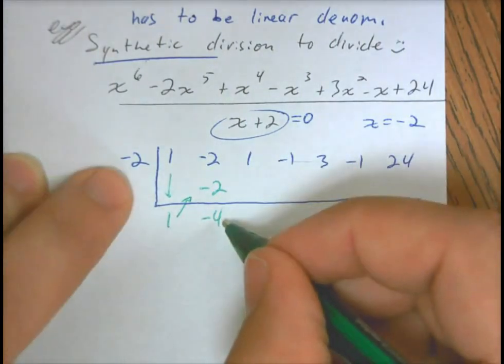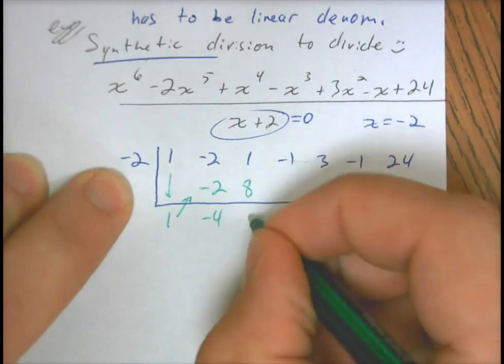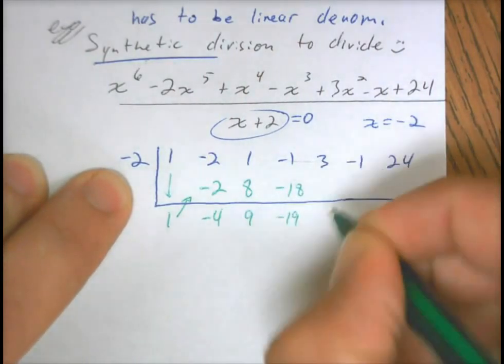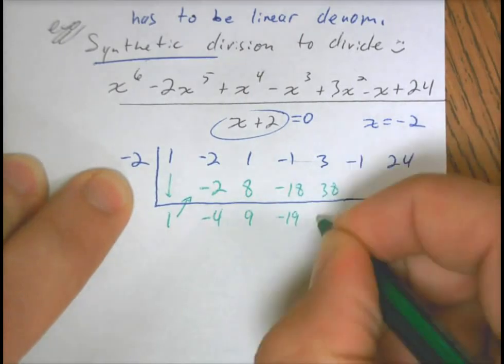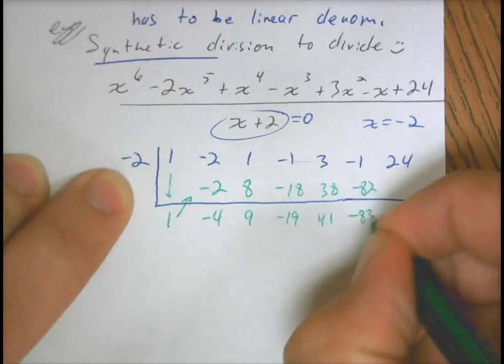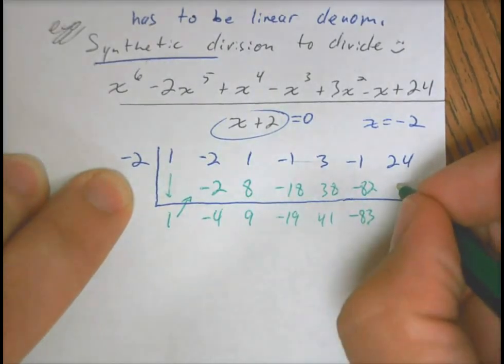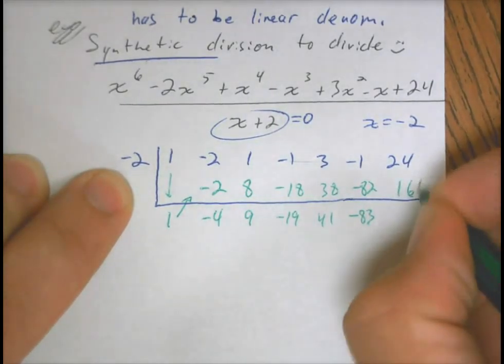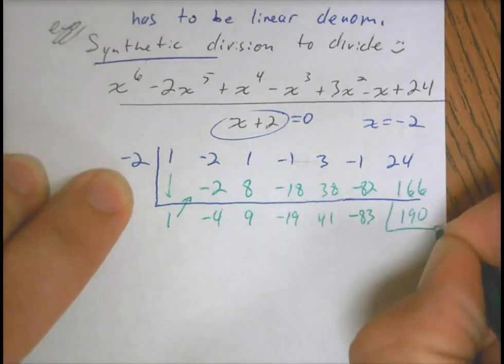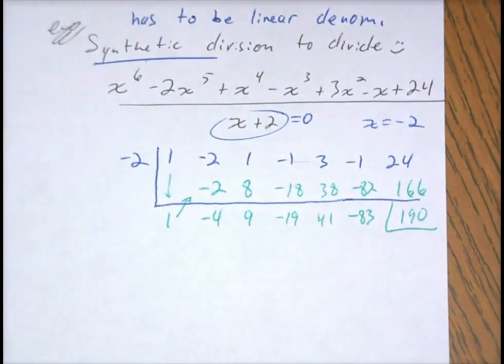Negative 4 times negative 2 is 8. 1 plus 8 is 9 times negative 2 is negative 18. Negative 19, 38, 41, negative 82, negative 83, 166, 190. The last number is going to be your remainder.